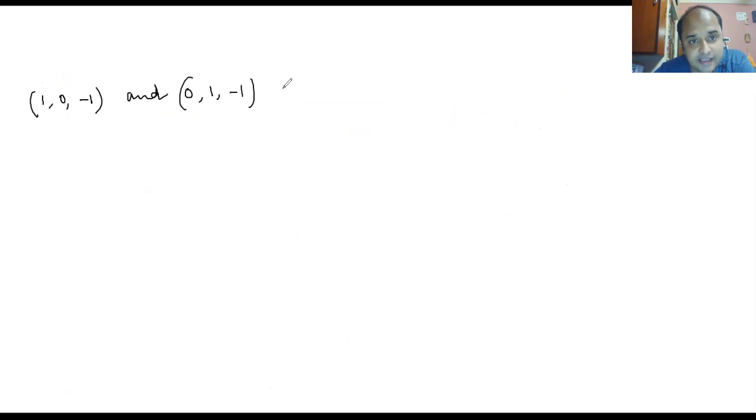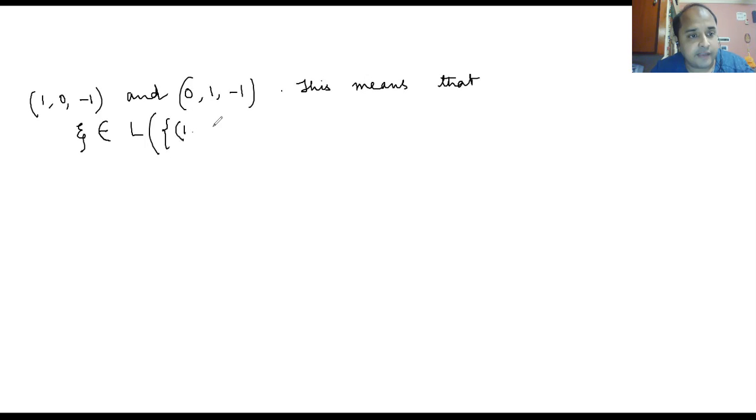So this means that this xi vector belongs to the span of the set containing these two vectors. I hope you understand what I mean. The span of these two vectors.